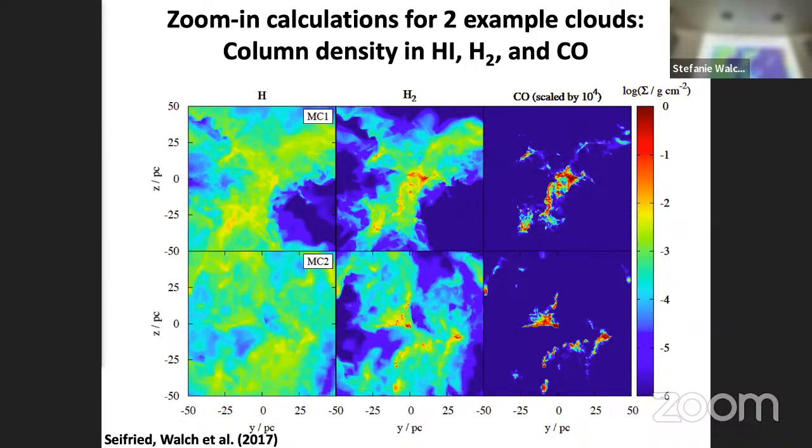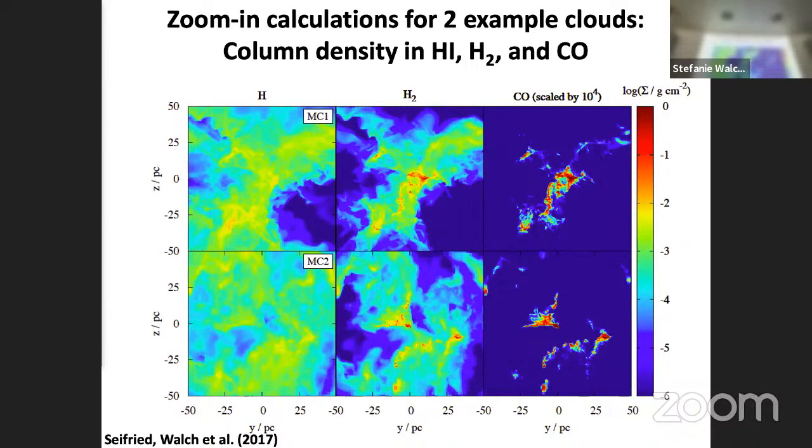Well, I think the question is rather how much molecular hydrogen do you miss? We have looked into how much molecular gas is dark. We can do the study, and in fact it depends very much on the age of the cloud, the structure of the cloud, and whether you have magnetic fields or not.